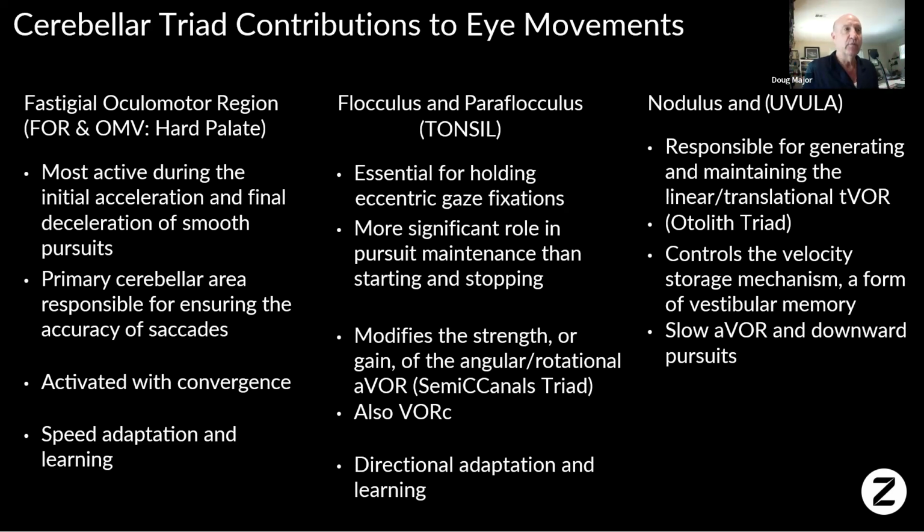So it has to do with directionality and adaptation. And then the nodulus and uvula: more of the translational movements side to side, and it controls that storage mechanism and slower VORs. Remember, with the slower VORs the semicircular canals aren't going to be involved. So this is where the otoliths kick in, and downward pursuits.